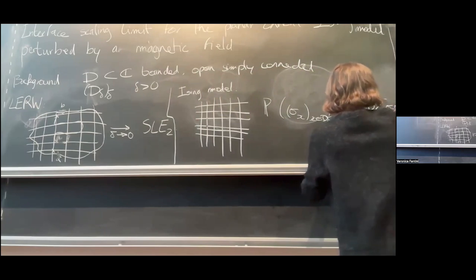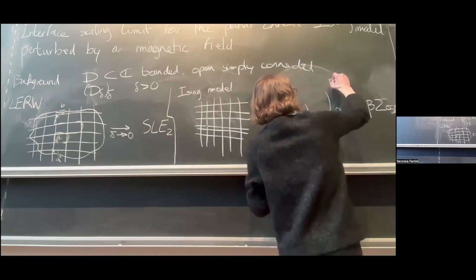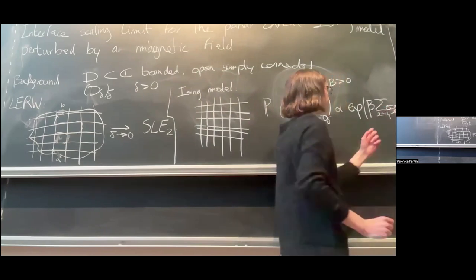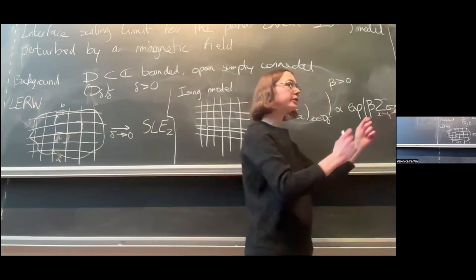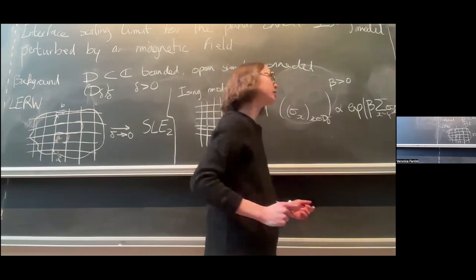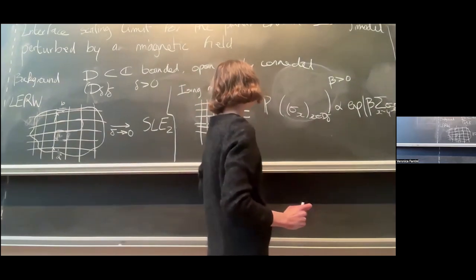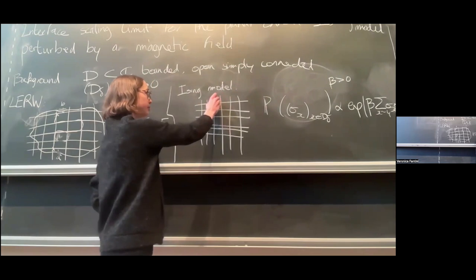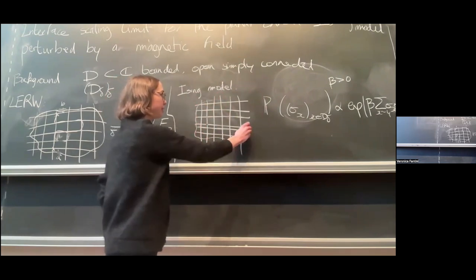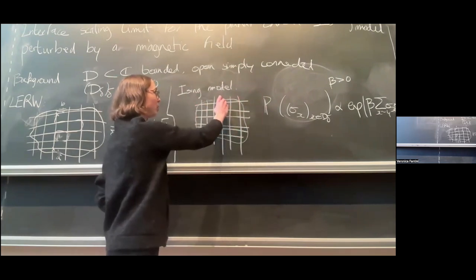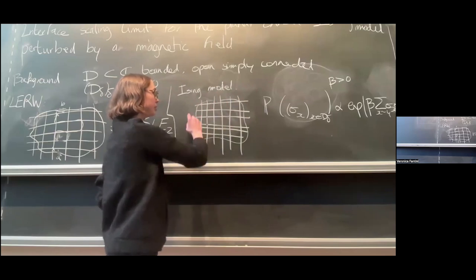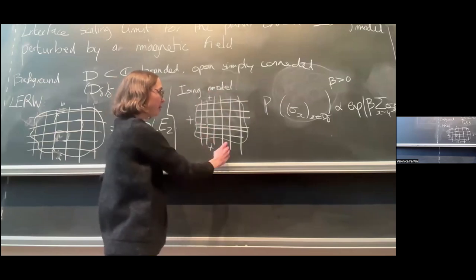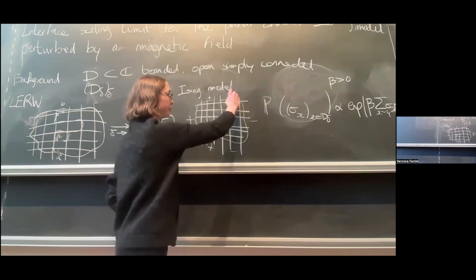Beta is strictly positive here, and the Hamiltonian is the nearest neighbor interaction between spins, and you can impose boundary conditions. So if you have your domain D, you can impose all spins on the left to be +1, and all spins on the right to be -1.